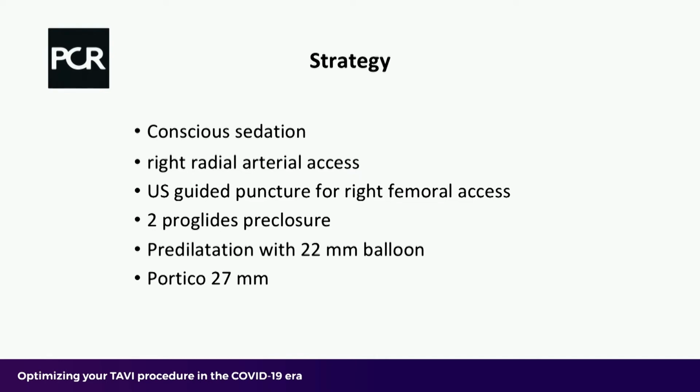We're going to use a 22 balloon, close to a 1-to-1 predilatation with regard to the mean perimeter-derived diameter of the annulus, slightly below. The annulus was 23.3. The balloon is going to be a Nucleus 22. And we intend to implant a Portico 27.